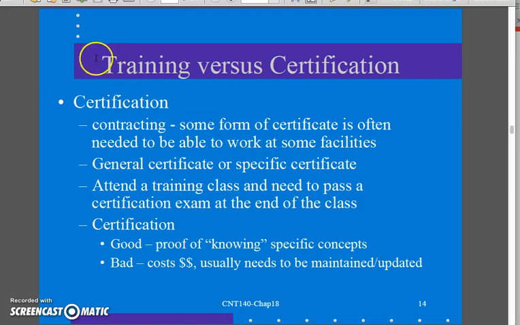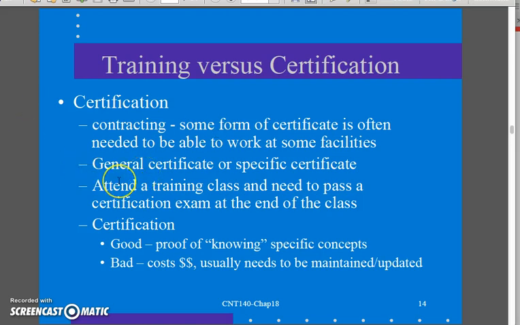Sometimes when you're working at specific facilities, I actually need to have some sort of certificate to be able to work there. If I'm going to install cabling in a particular building, I need to be certified to be able to do so. I've had friends work in places like that where they need to be certified just to be able to pull cable in a building. So you do run into that from time to time.